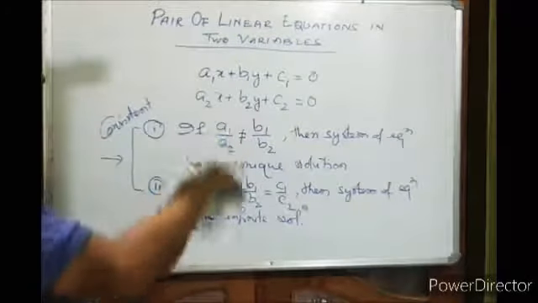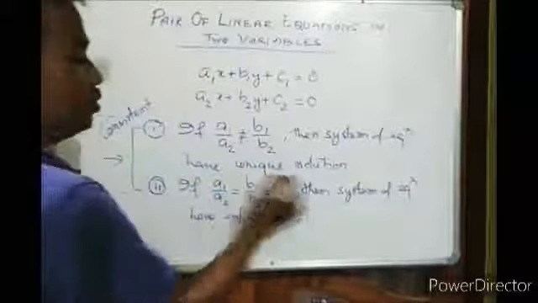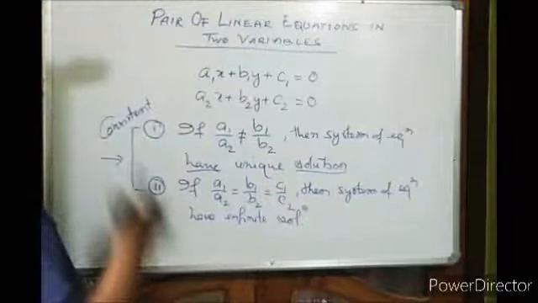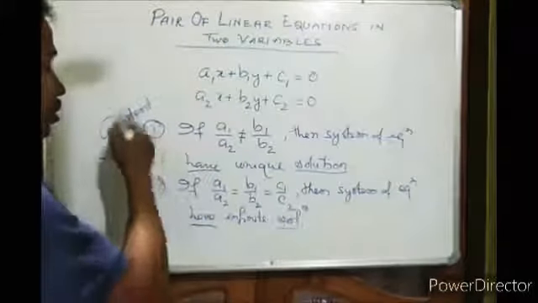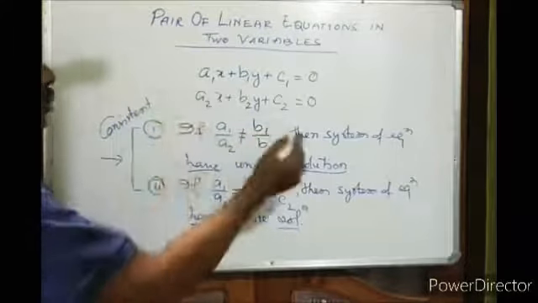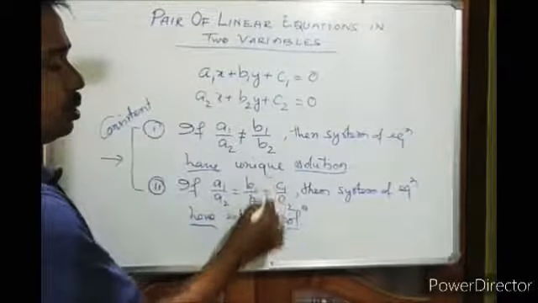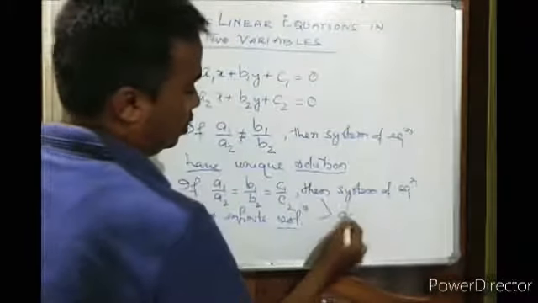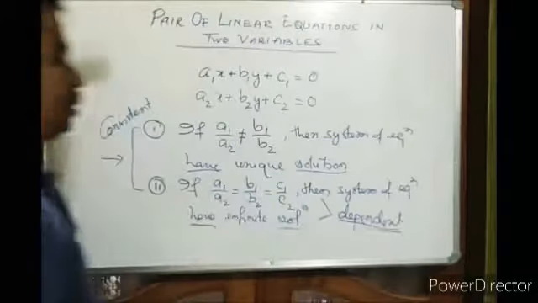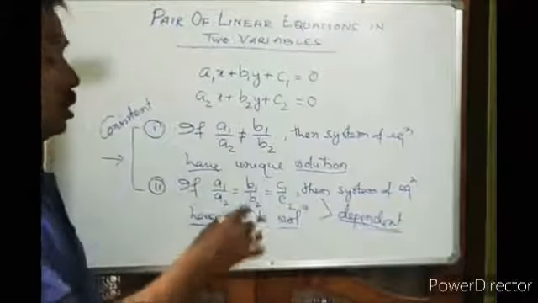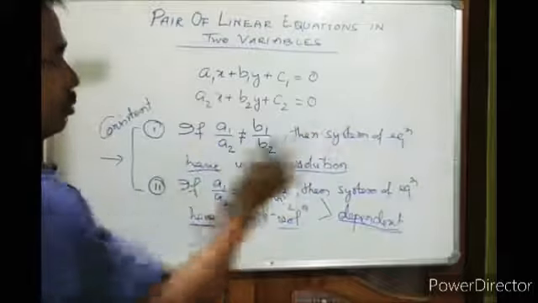In these two cases, if a1 by a2 is not equal to b1 by b2, then the system of equations has a unique solution. So it has a solution, hence consistent. Here also we have a solution, although it is an infinite number of solutions, but still we have a solution, so we call it a consistent system of equations. And when a1 by a2 is equal to b1 by b2 is equal to c1 by c2, the system is also called a dependent pair of linear equations. If a1 by a2 is not equal to b1 by b2, the system has a unique solution.